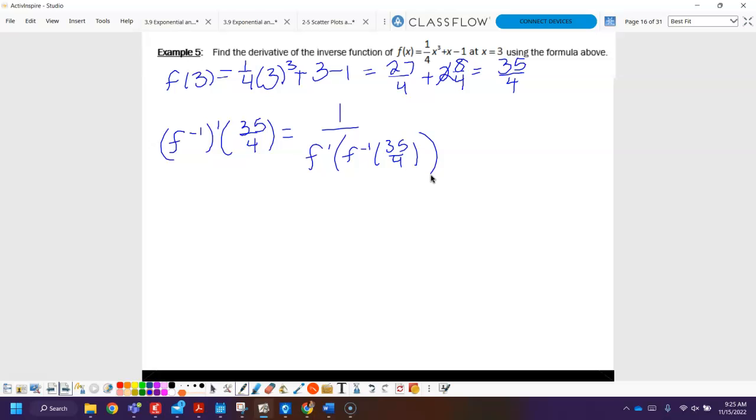Which is really like saying f prime of... find the f prime.